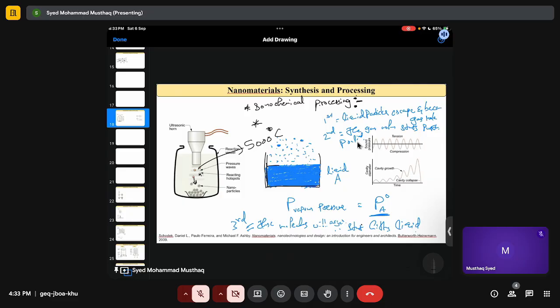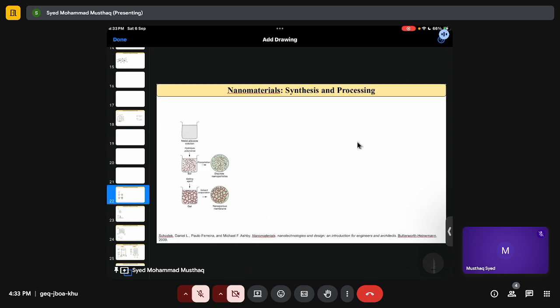So that's why there will be different reactions happening there. Let's not go very deep into it because in itself it is a big subject. So now moving on to the sol gel process, or people even call it sol gel deposition.